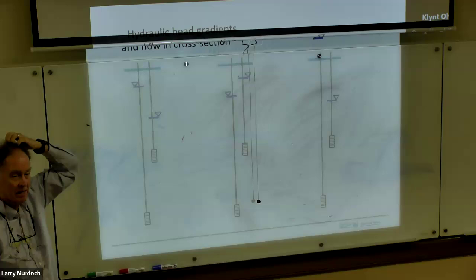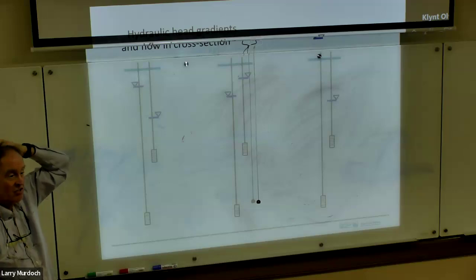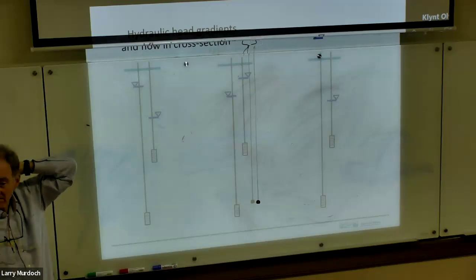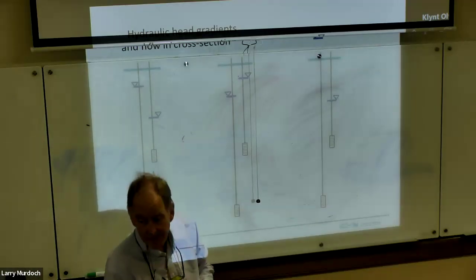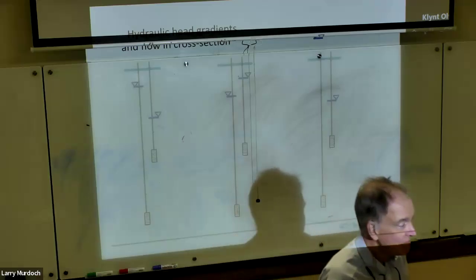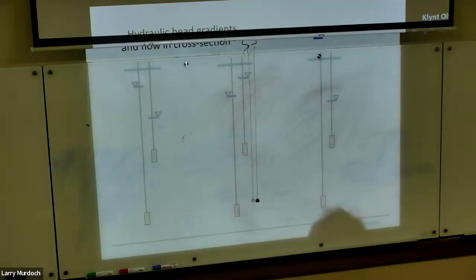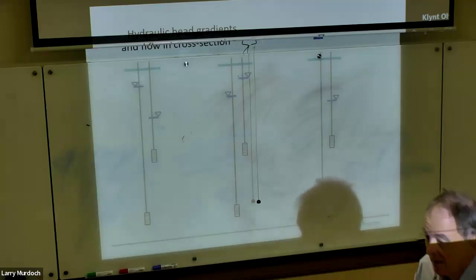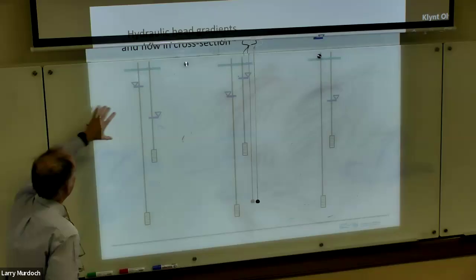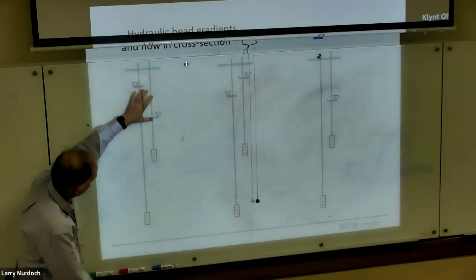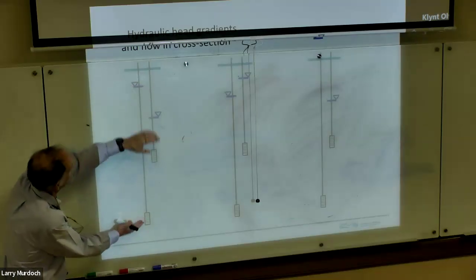What's the gradient? Just looking at it, what do you think? 10, 100, 50, 10? So it's delta H over delta L. So 0.5. So delta H is that, and delta L is this, right?